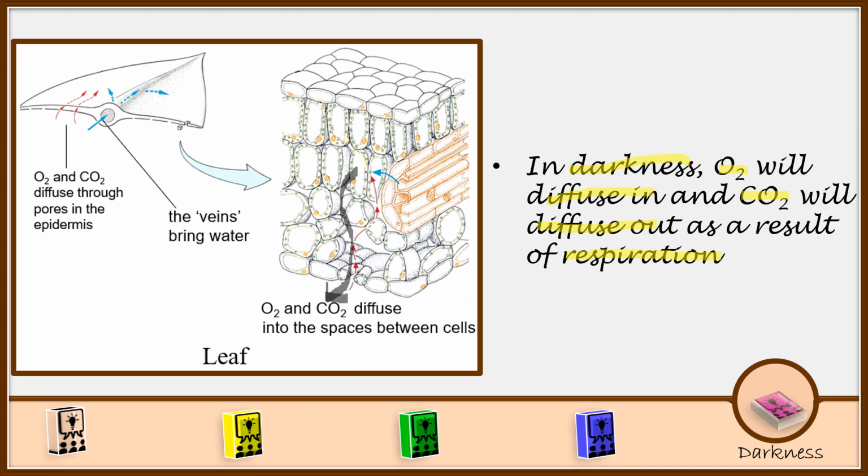Our plant is carrying out respiration, therefore oxygen will diffuse inside the plant because oxygen is needed by the plant cells to carry out respiration.